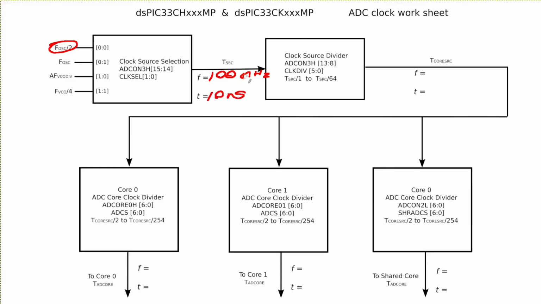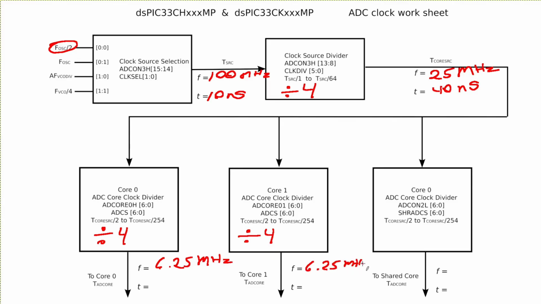Run that through the clock source divider set to divide by 4. That will give me 25 megahertz and a T-core SRC clock time of 40 nanoseconds. Then I'll set the core 0 and 1 clock dividers to divide by 4. That will give me 6.25 megahertz and a TAD core clock time of 160 nanoseconds.